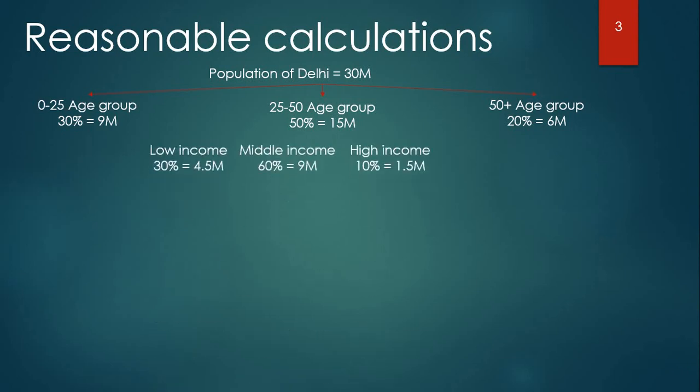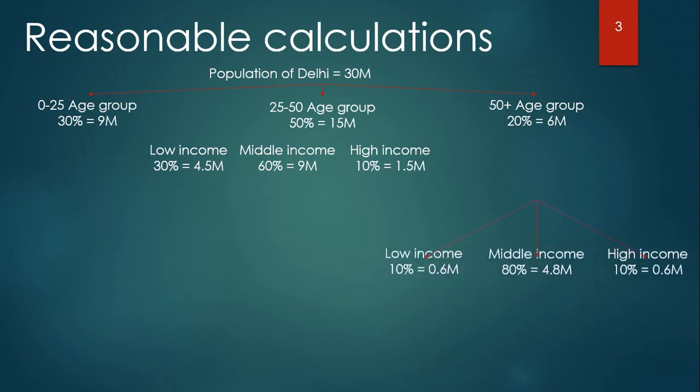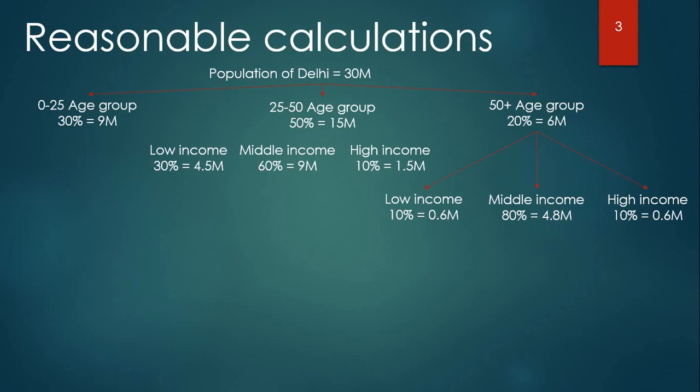After this, I further divide these segments into the income group. So considering 25 to 50 years of the age group divided into low, middle and high income. So 4.5 million belongs to low income, 9 million to middle income, and 1.5 million to the high income group. And similarly, we'll have the income distribution for 50 plus age group.